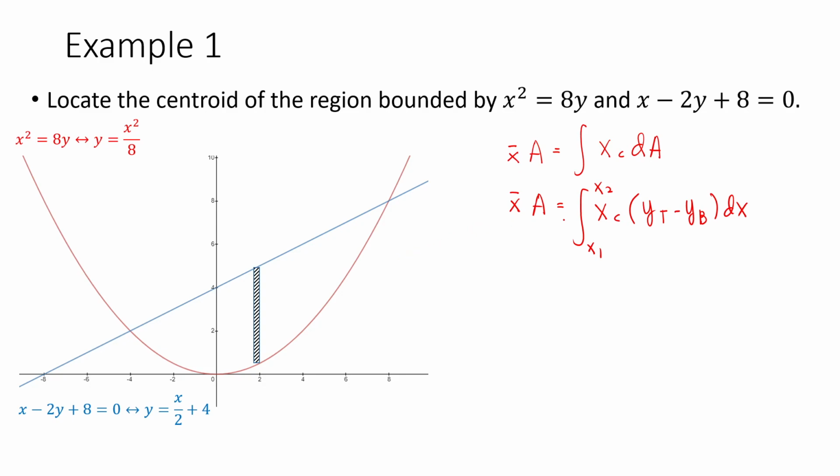Next, we're going to determine the different parts of the integral equation. Y top and y bottom are easy to see because we have already used them prior to the solution. You already know that the top equation is the blue graph, the bottom equation is the red graph. For x sub c, as I mentioned earlier, x sub c is the distance going towards the differential area.